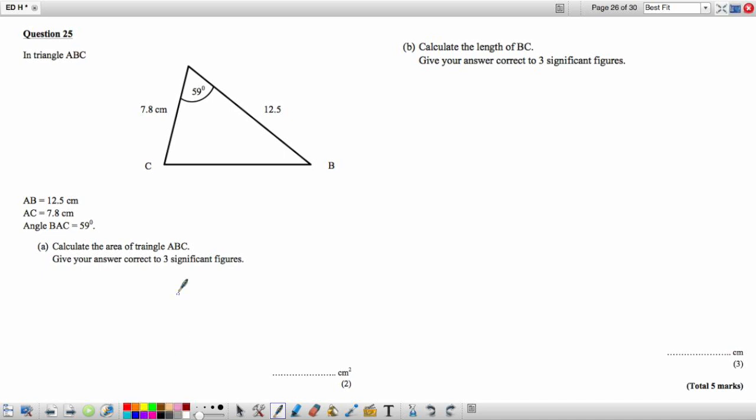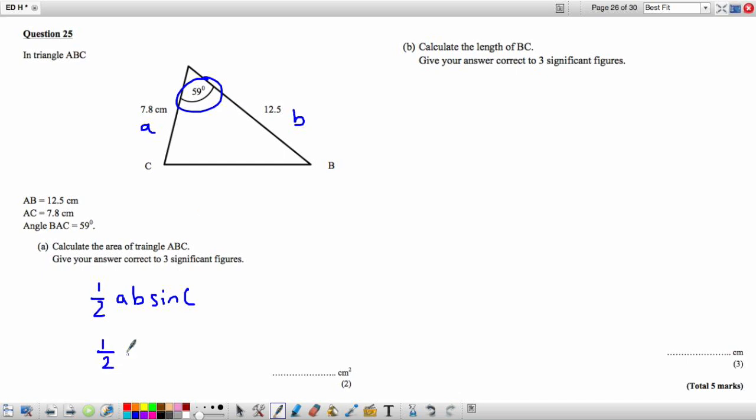Question 25. Calculate the area of this triangle. Here we apply the formula half AB sine C. This side is A, this side is B, and this is the angle enclosed, which is the sine C part.